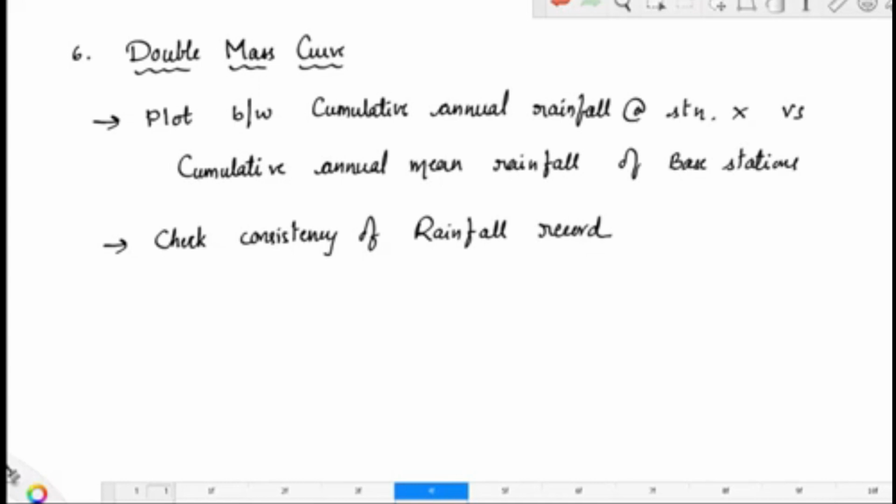Okay. So these are the things which you require from chapter number 1. So if there are any doubts with respect to this, you can ask. Check for consistency or inconsistency of a rainfall record.